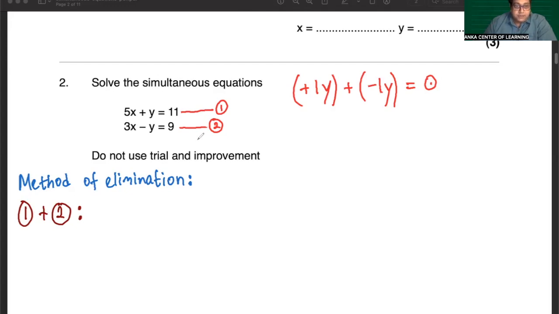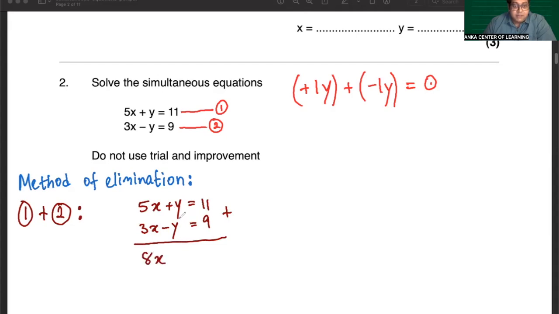So I will write equation 1 again: 5x plus y equals 11. And equation 2 would be 3x minus y equals 9. You need to add them. When you add them, we have 5x plus 3x, that's 8x.